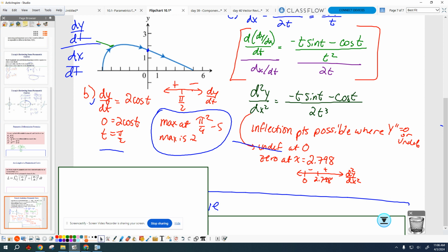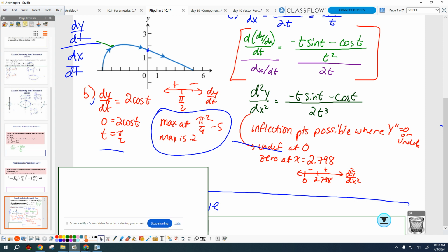So where are inflection points? When the second derivative is 0 or undefined and changes sign. This is a calculator question. You could type that whole equation in, graph it, and find where it changes from positive to negative. But the one and only inflection point in the domain given is 2.798. And t is 2.798.